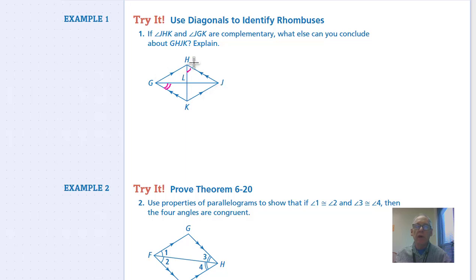What else can you conclude about this figure? You've got opposite sides parallel, so it's a parallelogram. They're not telling us that the sides are congruent, so we don't know for sure that it's a rhombus.